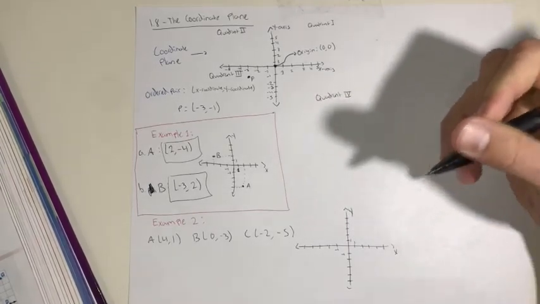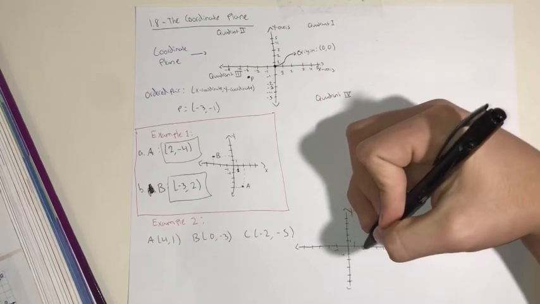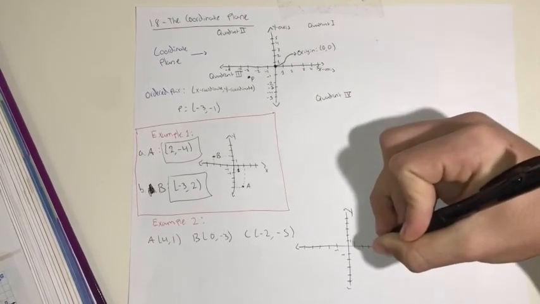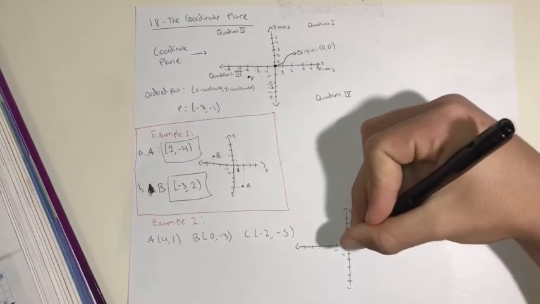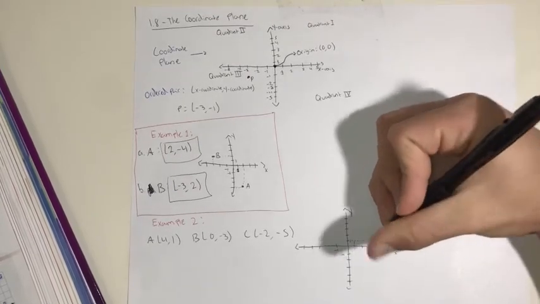So if we have to plot 4 in the x direction, so 1, 2, 3, 4, 4 in the x direction, and then 1 up. So 1 up, and this is 4 in the x direction. So this is going to be A.